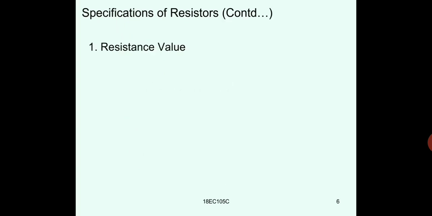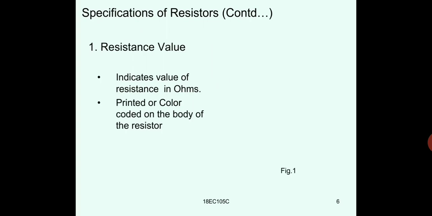Now let us see the basic specification, that is the resistance value. So this indicates the value of the resistance in ohms, and most of the time that is printed on the component depending on the size of the body, or it may be color coded on the body as you can see in the figure.